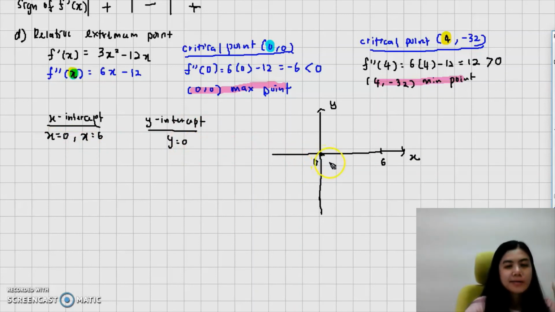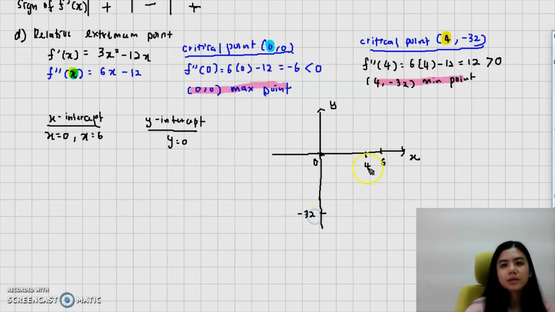The next information that we look at is the critical points. In here we have the maximum point 0, 0, it's still here. Another critical point we have is 4 and negative 32. So x is 4, so we'll just put it roughly here, and we have negative 32 somewhere.